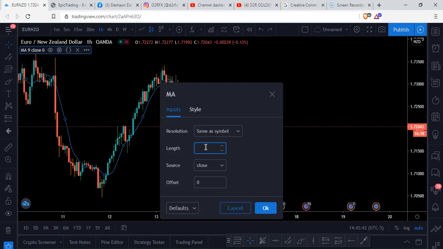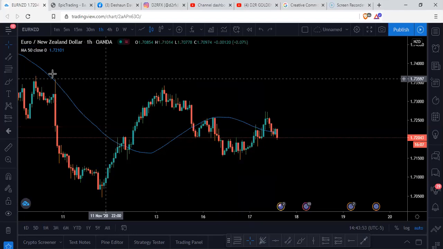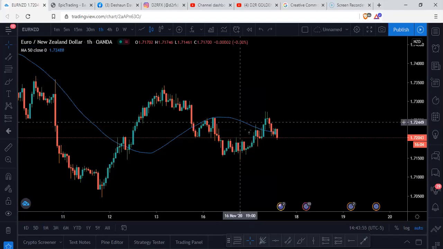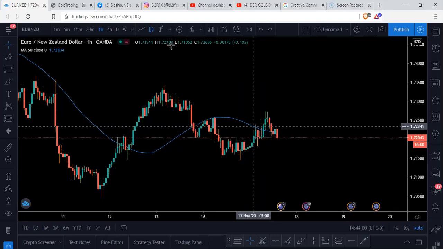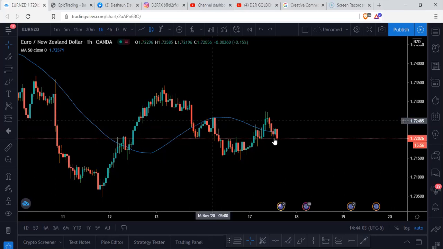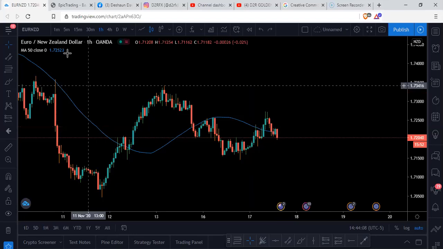The 50 moving average is good to use for support and resistance, along with whatever else you got going on the chart. This blue line represents the average move of 50 hours, because this is the hour chart, and each candle represents 1 hour. So this line represents the average of 50 moves.